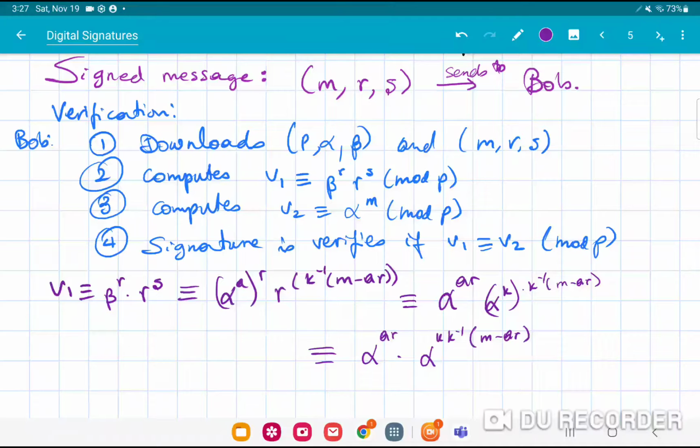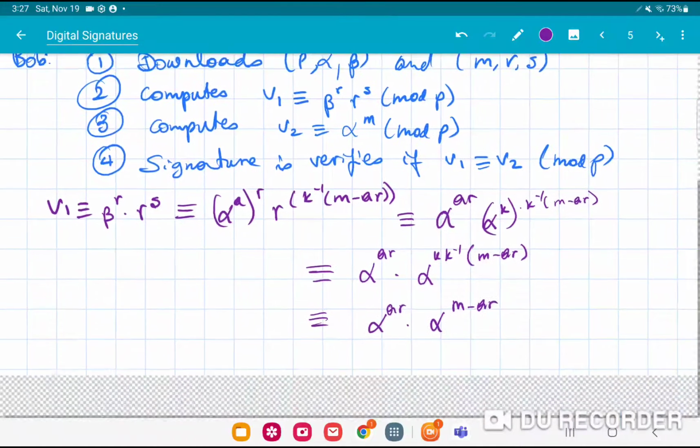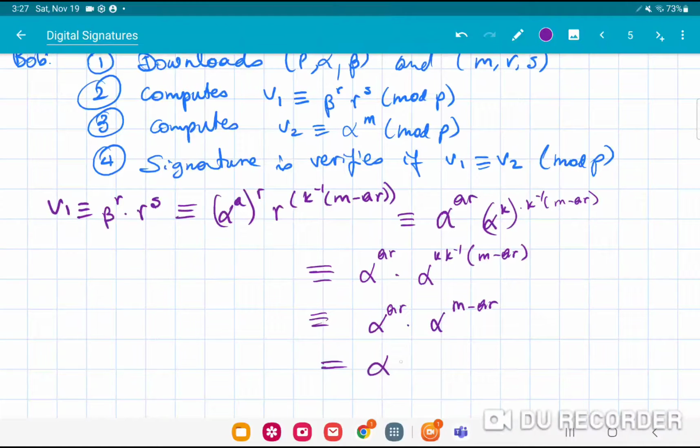The exponents work mod P minus 1, and K times K inverse mod P minus 1 is 1, since that's phi of P. So this gives alpha to the power of AR times alpha to the power of M minus AR, with the exponent mod P minus 1. This is the same as alpha to the power of AR plus M minus AR.